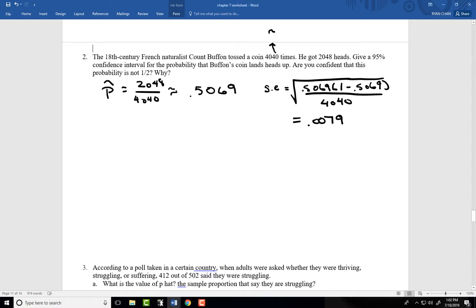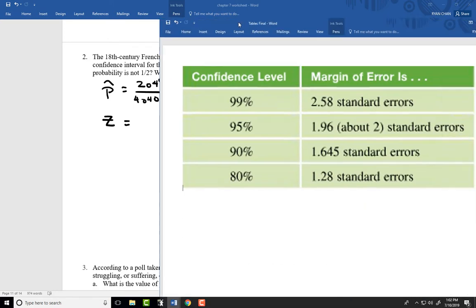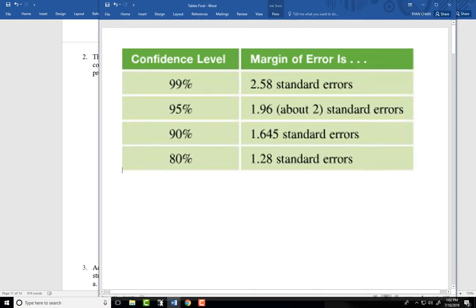The last thing we need to find is our z. Notice it says 95% confidence interval. I'm going to go to my table. Now here's the thing. You can use either 1.96 or 2, because 95% is 2 standard deviations away: 68 was 1, 95 was 2, 99.7 was 3.